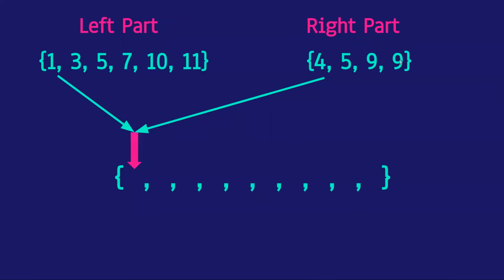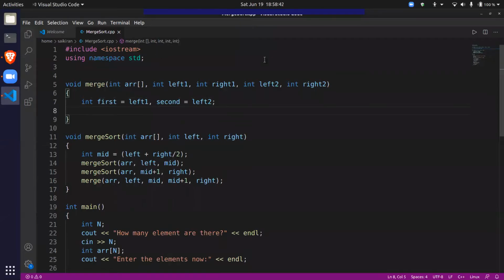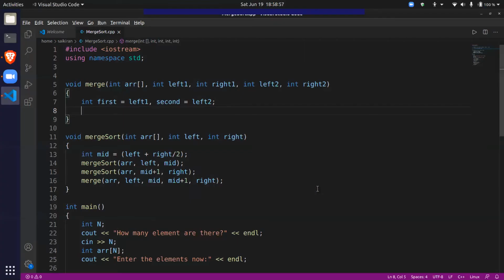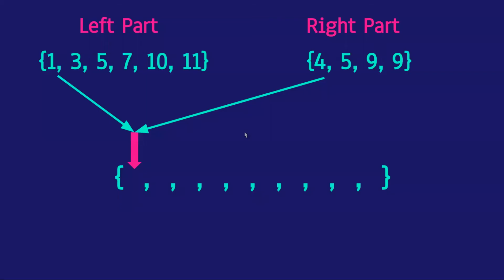Now there is one thing that you have to observe. We have to create this answer array, the resultant array. What will be the size of this resultant array? First let's get the sizes of the first two. Size 1. How do you get the size of the left part?